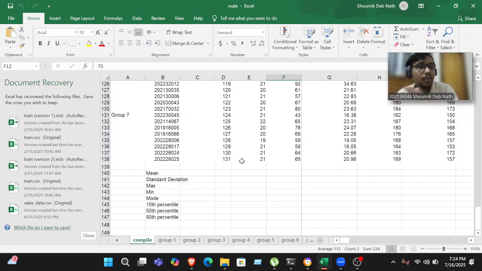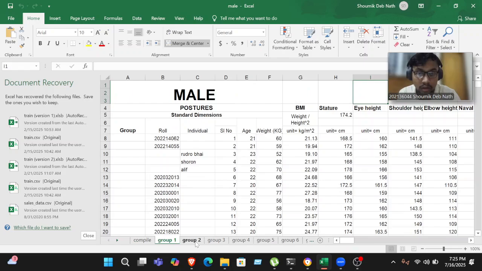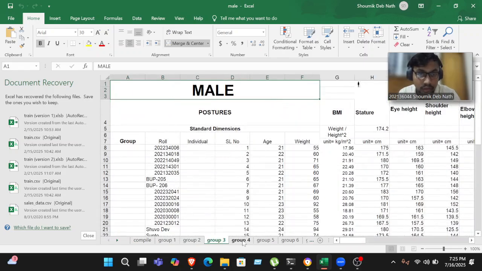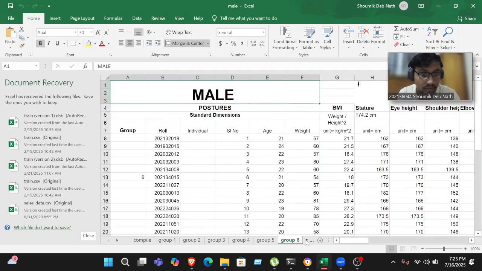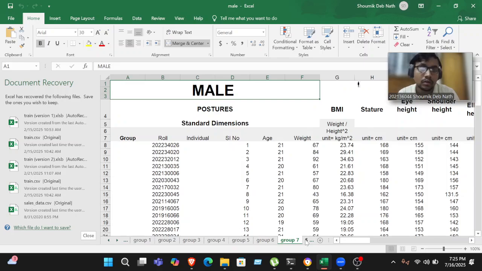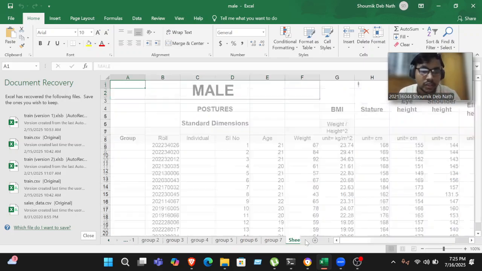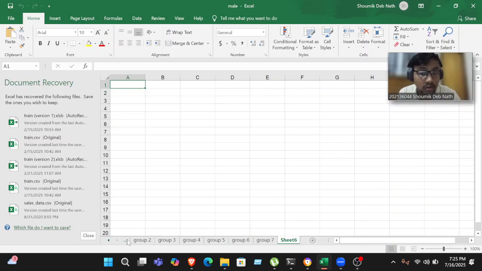I have compiled all of these from the 7 sheets. And later on, that's a blank sheet, so that's not the main concern.